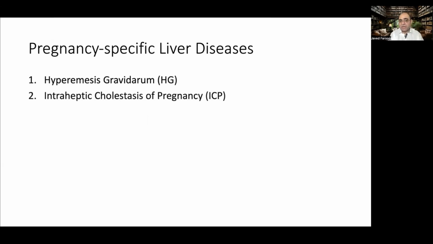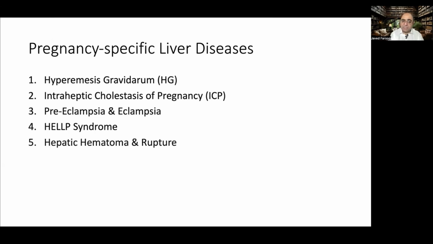The second condition not to forget is intrahepatic cholestasis of pregnancy, or ICP. The third condition is Pre-Eclampsia and Eclampsia. The fourth condition is HELLP Syndrome.